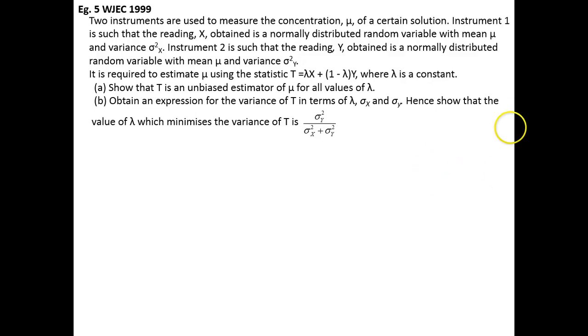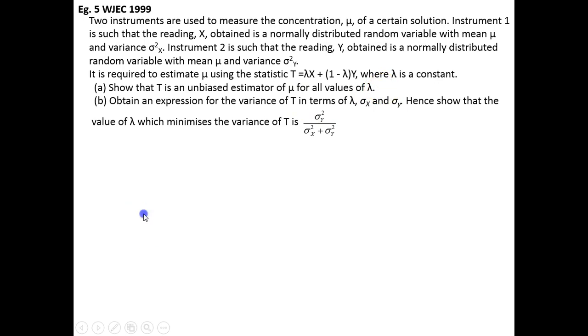Instrument 2 is such that the reading y obtained is a normally distributed random variable with mean mu and variance sigma y squared. It's required to estimate mu using the statistic t we have there, where lambda is a constant. Show that t is an unbiased estimator of mu for all the values of lambda.